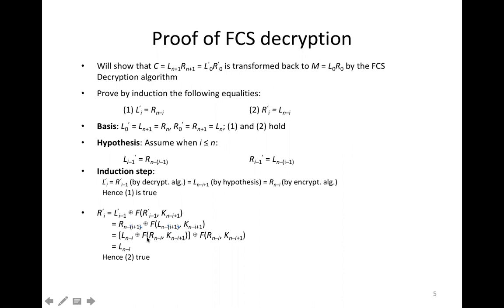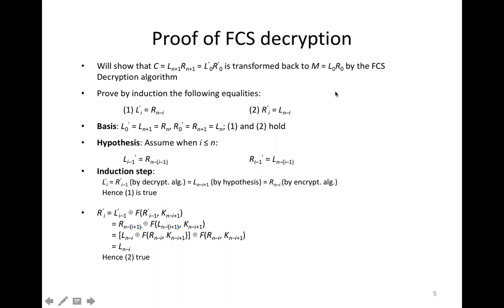So now this F and that F are the same. We know exclusive OR is just subtraction. So if it's the same, then it becomes 0. So 0 exclusive OR this is this. Hence the second part is true. Then when you let i be n, you get your output.